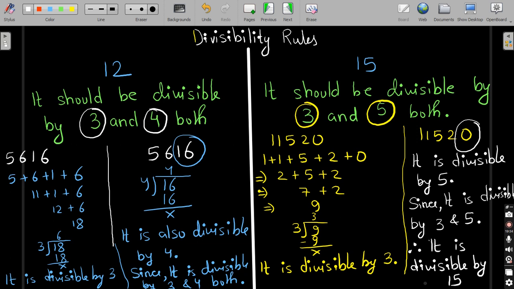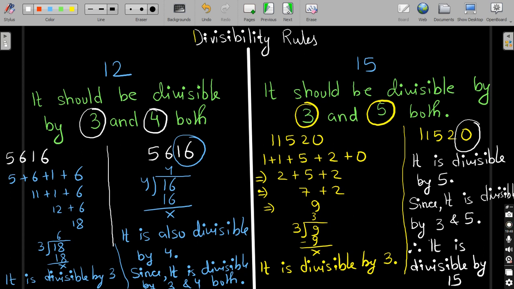If both conditions are satisfied, it should be divisible by 3 also, and it should be divisible by 5 also. Then only I can say it is divisible by 15. If any one of the two is not divisible, I can't say the number is divisible by 15.